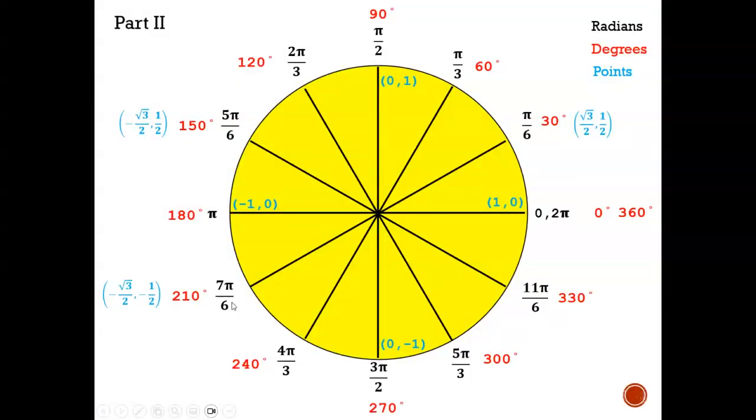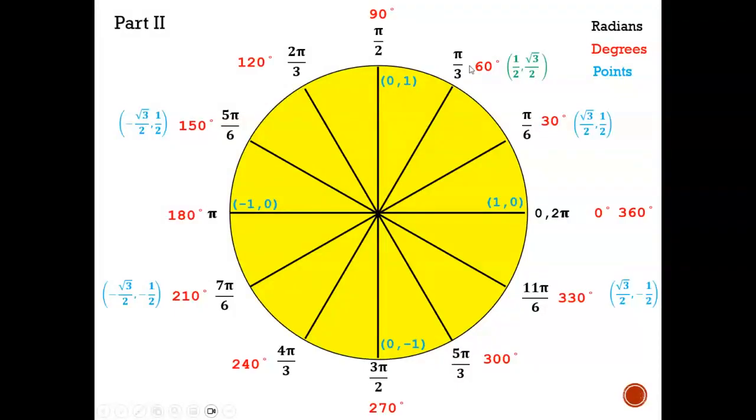In quadrant 3, denominator of 6 also has square root of 3 over 2 and 1/2, but both are negative, and that's true of all the points in the third quadrant. And then in quadrant 4, square root of 3 over 2 and -1/2 for the 11 pi over 6. So again, all of the denominators of 6 are going to have square root of 3 over 2 as the x coordinate, 1/2 as the y, just being careful with which the signs are in every quadrant.